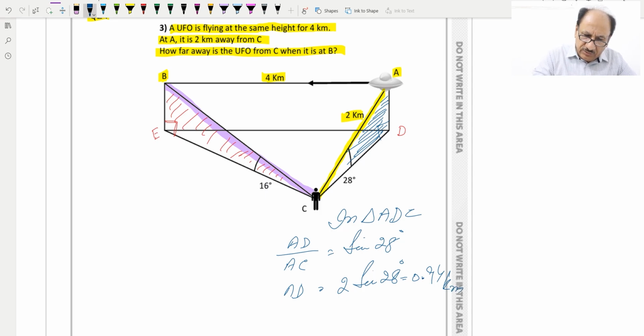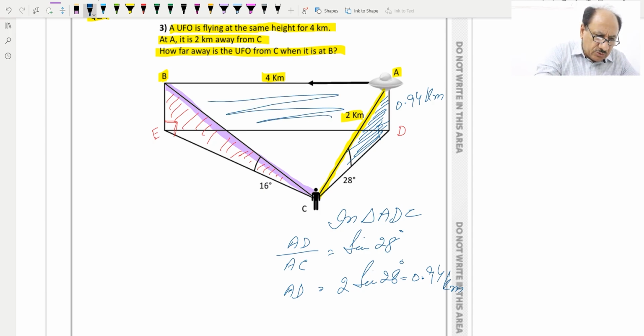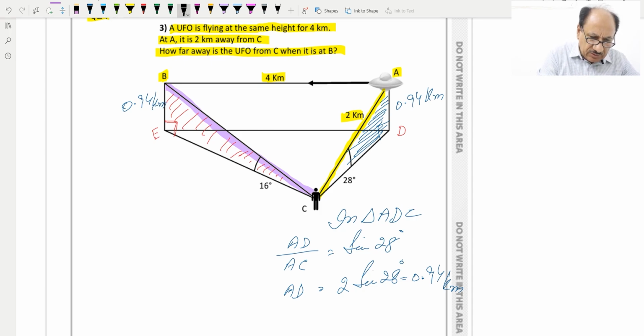Now we got this AD is 0.94 kilometers, and this is a rectangle, so we can say that this side will also be 0.94 kilometers. And now we can consider the triangle BEC.